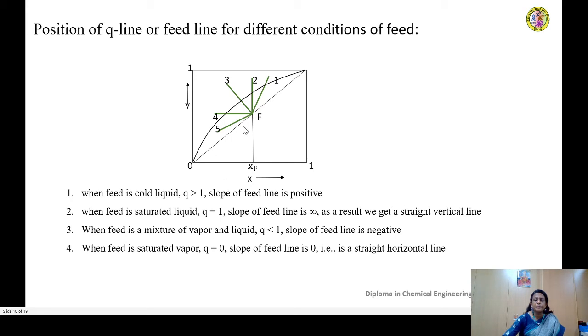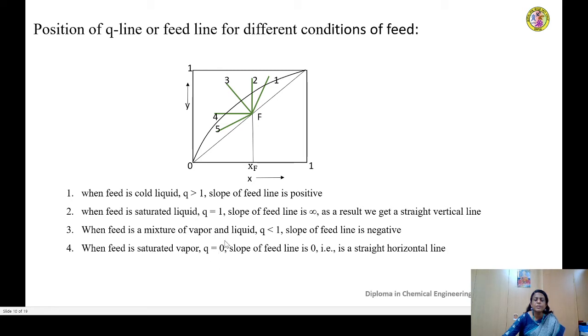So when the feed is saturated vapor, when it enters in the form of vapor at saturated condition, its temperature will be equal to the dew point. So there Q will be equal to 0, meaning there is no additional amount of liquid to flow in the stripping section due to the introduction of 1 mole of it, because all 1 mole will be vapor that flows in the enriching section.